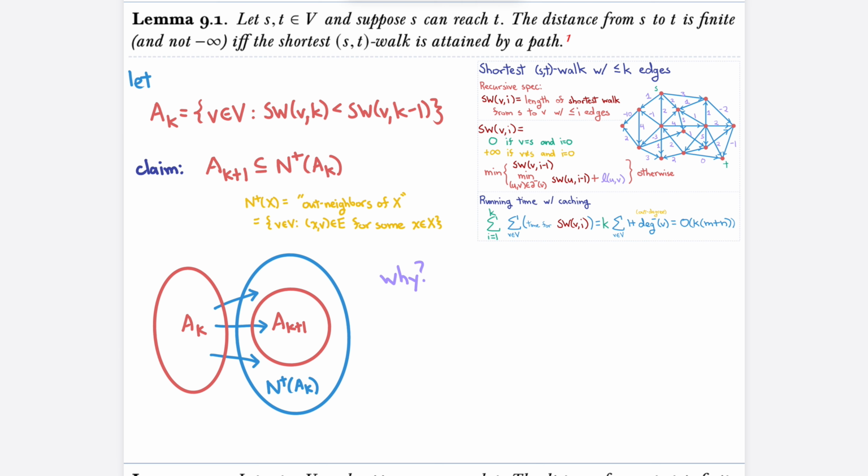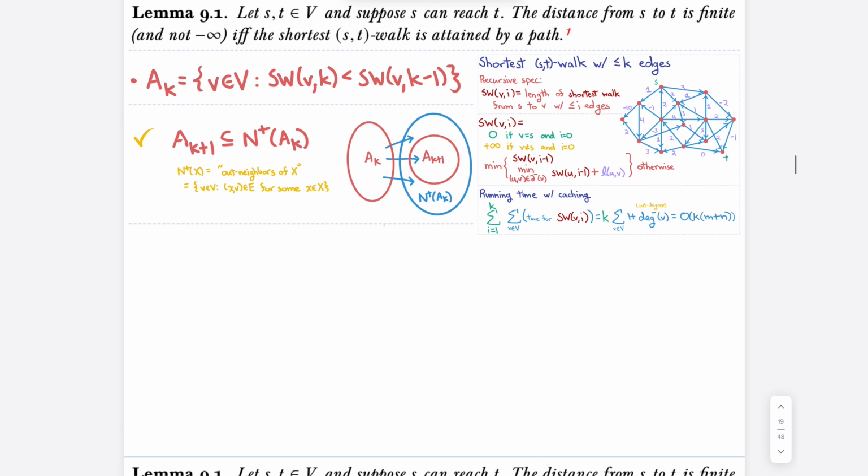So, for example, A sub n plus 1, because I want to capture all the A sub k's for any k bigger than n, right? A sub n plus 1 is in the neighborhood of one hop away of A sub n. Everyone that improves in iteration n plus 2 is 2 hops away from somebody that improved in A sub n, right?